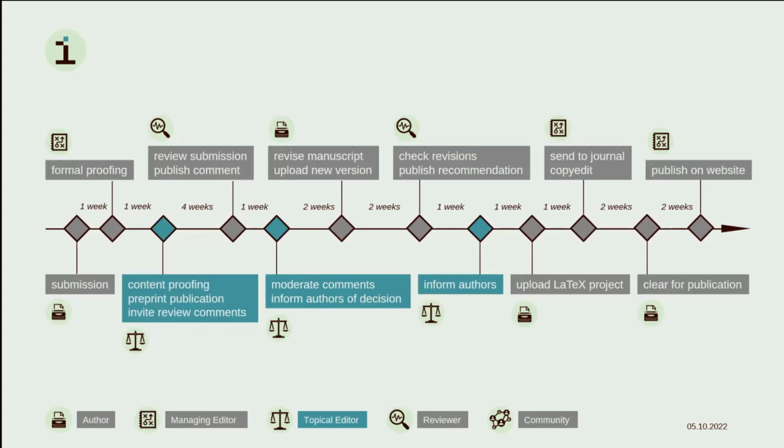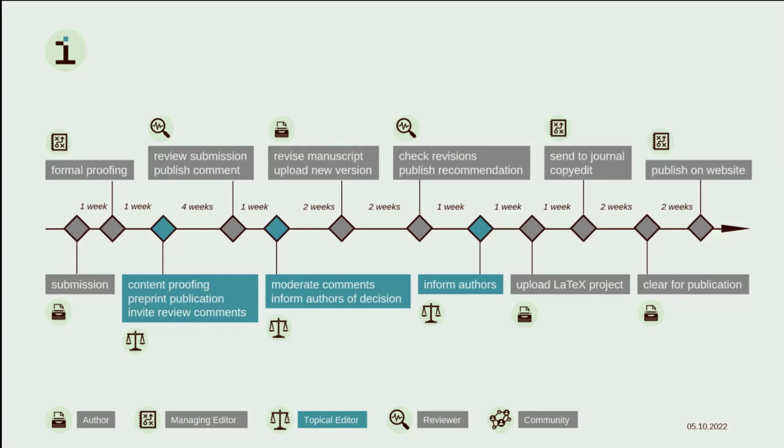So it all starts with the submission by the authors, and then the managing editors become active with a formal proofing, after which the submission is assigned to a topical editor whose field the submission is from.